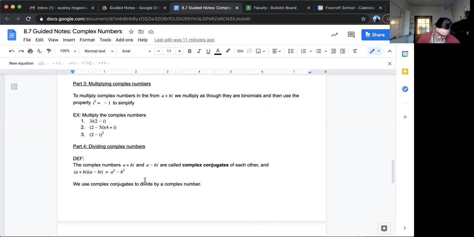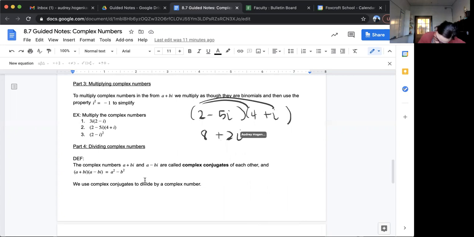Okay, next up we have 2 minus 5i times 4 plus i. Here we have a binomial times a binomial, so we want to FOIL it out. 2 times 4 is 8. 2 times i is 2i. Negative 5i times 4 is minus 20i, and negative 5i times i is minus 5i squared.